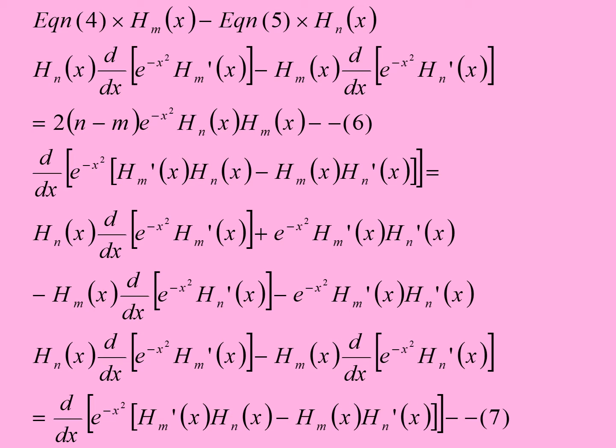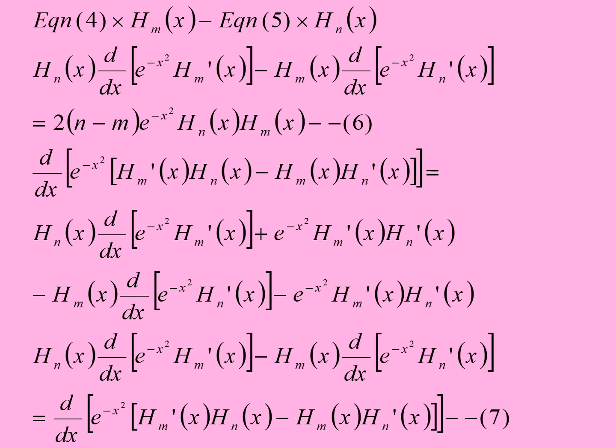Now you take d by dx of e power minus x squared into Hm prime of x Hn of x minus Hm of x Hn prime of x. That you can write as Hn of x d by dx of e power minus x squared Hm prime of x plus e power minus x squared Hm prime of x Hn prime of x minus Hm of x d by dx of e power minus x squared Hn prime of x minus e power minus x squared Hm prime of x Hn prime of x.